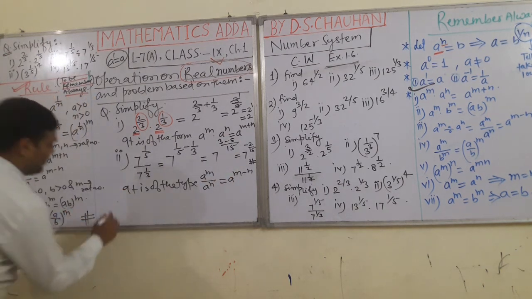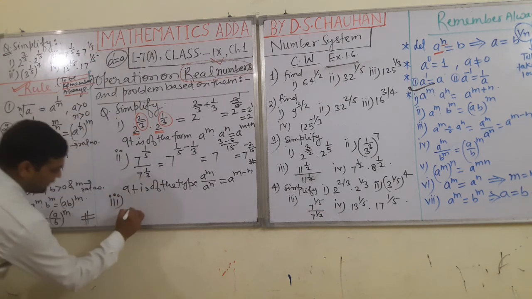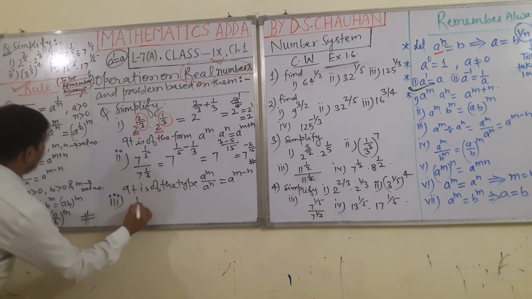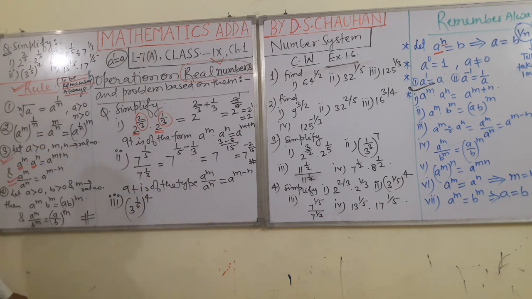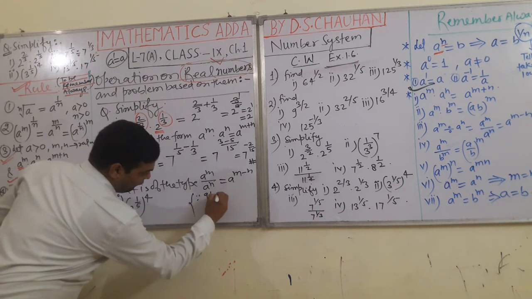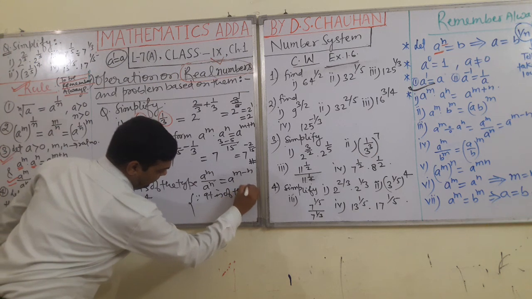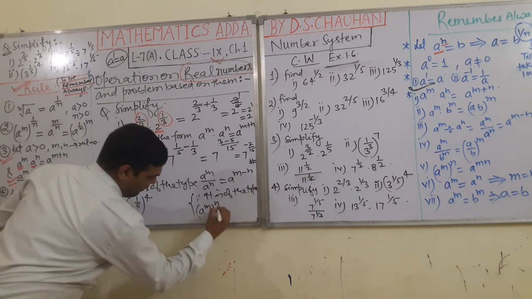Okay. Next problem, students. The next problem is 3 to the power 1 by 5 to the whole power 4. How to solve this problem? It is of the type a to the power m, to the power n.